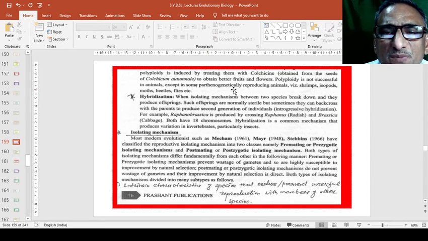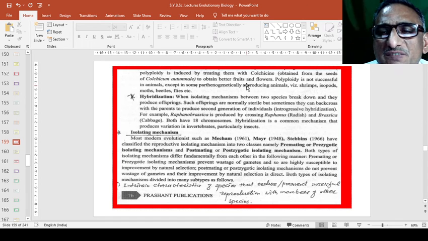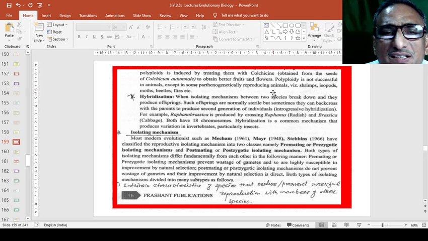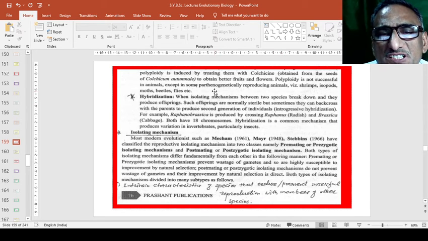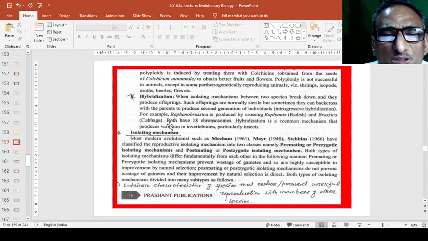This is the best example in the biosciences to obtain better fruits and flowers. Polyploidy is mostly not successful in animals, but it is mostly successful in plants. It is also found in some crustaceans, isopods, moss, beetles, etc.